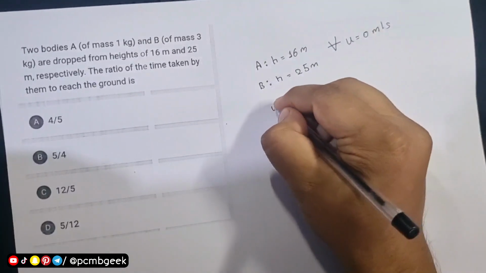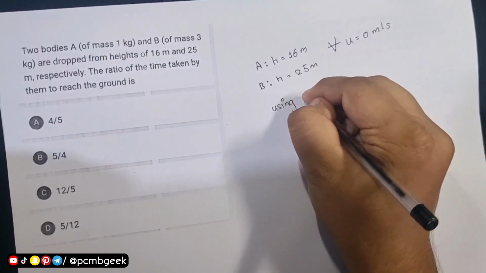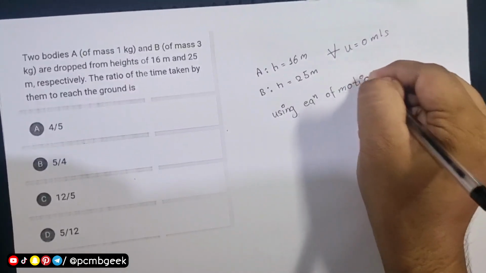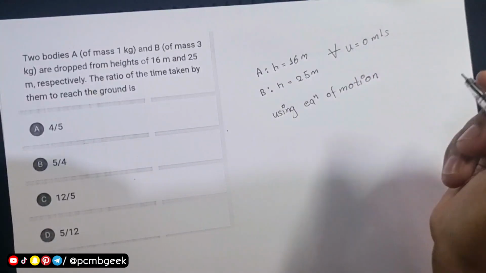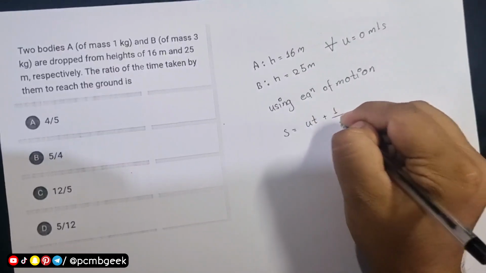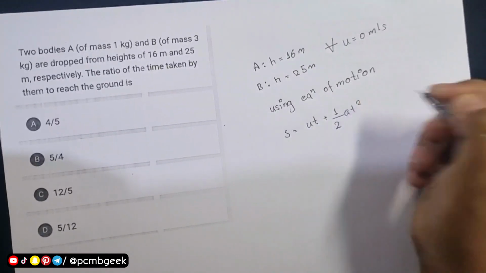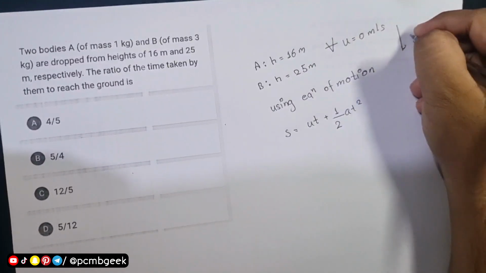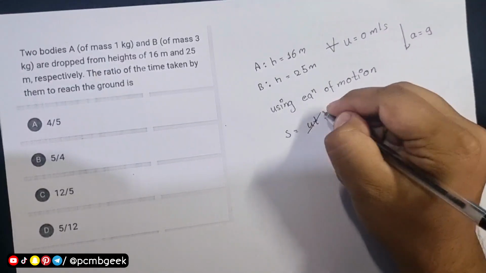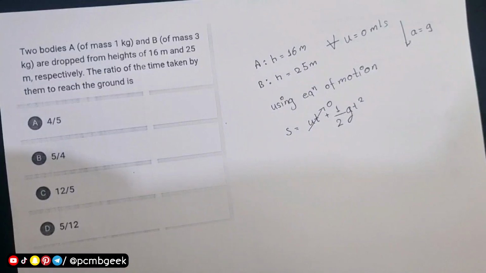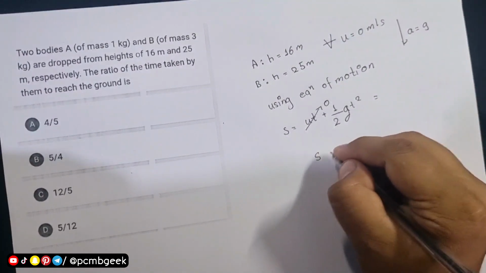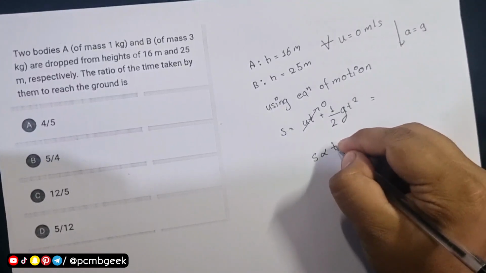Now using the equation of motion, we get s equals ut plus half at square. In this case, we are dropping the object. That means a equals positive g. That means I can replace a with g, and as we know that the initial velocity is 0, I can eliminate it, giving me s is directly proportional to t square.